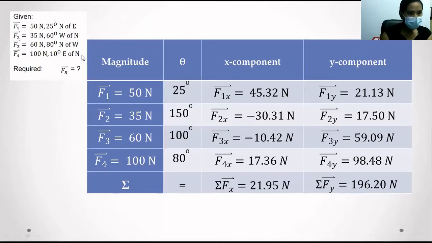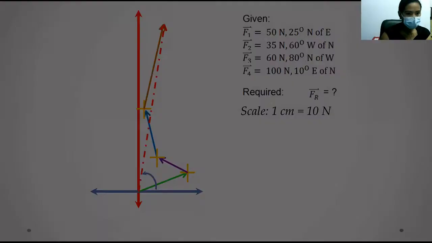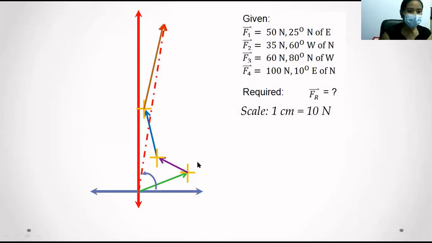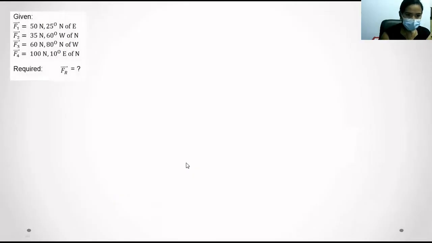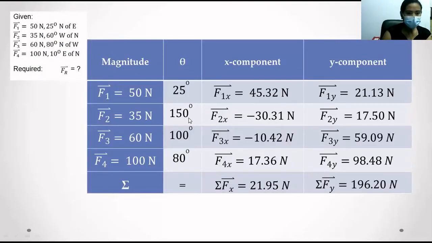F sub 2 is 60 degrees west of north, therefore 90 degrees plus 60 degrees will give us angle theta of 150 degrees.